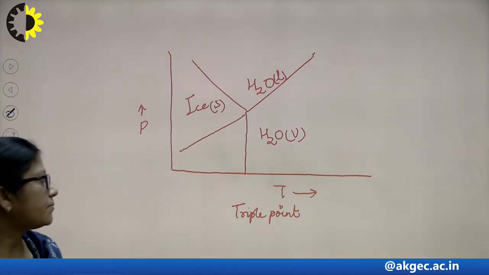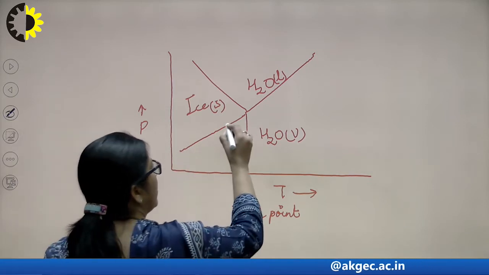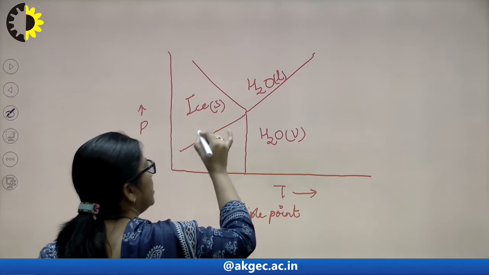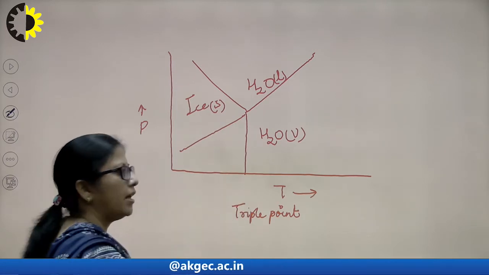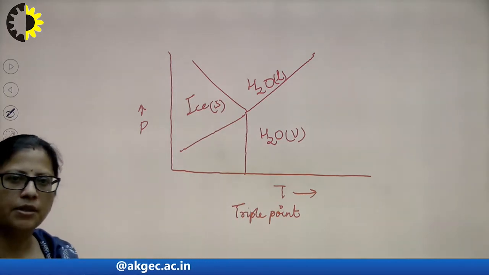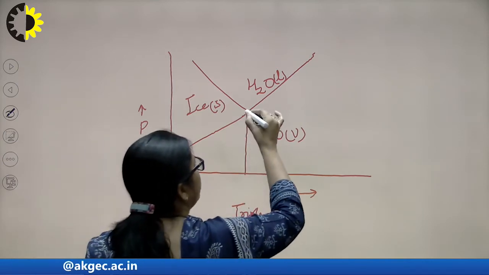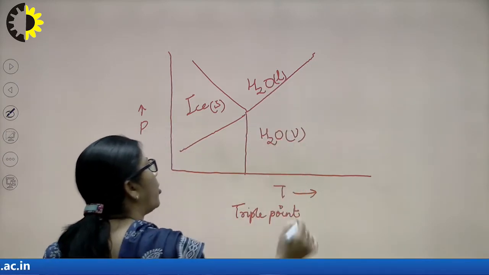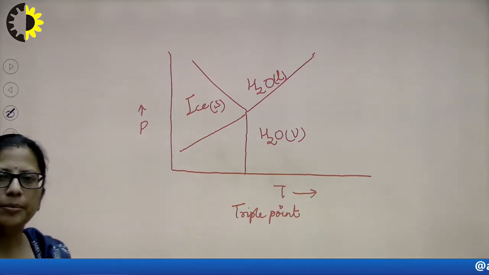This curve is the sublimation curve of ice. Here ice and water vapor are in equilibrium on this curve. Similarly, this is the vaporization curve, and on this line liquid water and water vapor are in equilibrium.